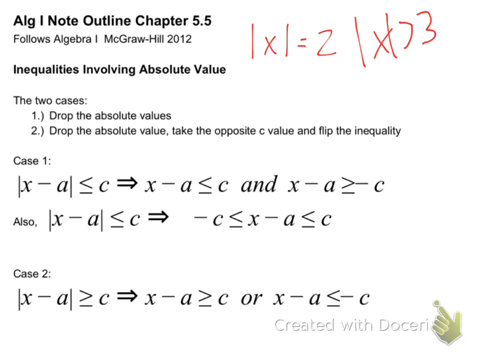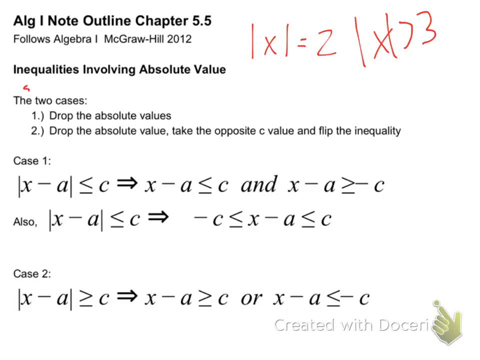The two cases are case 1 and case 2, and those are a less than symbol, or less than or equal to, or a greater than or equal to. That's the two cases. Which way is the inequality sign facing? Greater than or less than? This maybe shouldn't say the two cases. This should be solving the two cases, maybe.